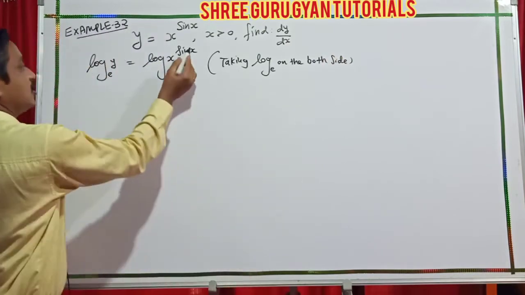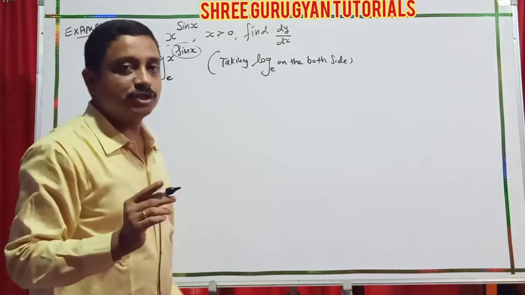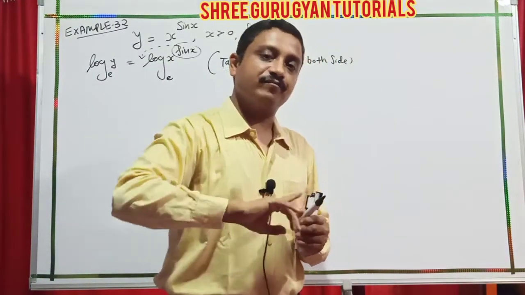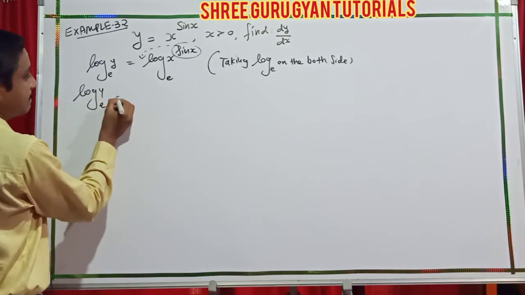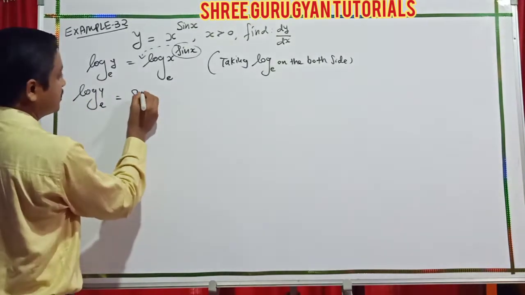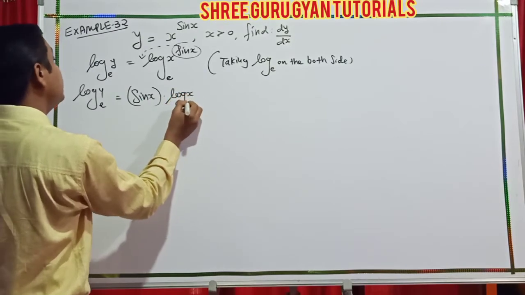Finally, this log x value, according to the property, students, make the power outside. So log y base e is the same, and here sin x into log x to the base e.